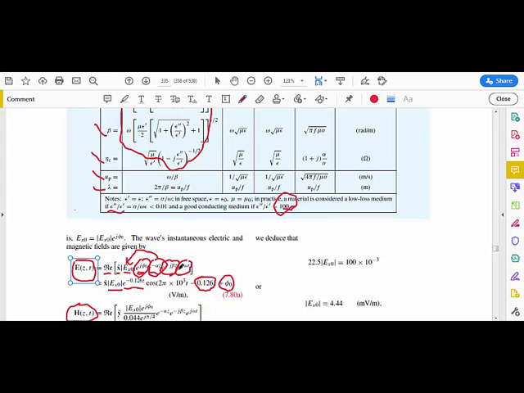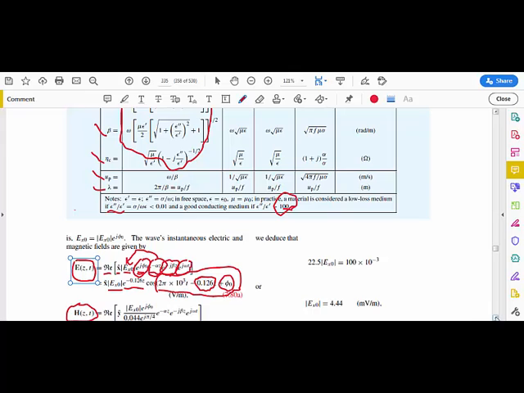All of this is the argument of the cosine, and we call all of this the phase of the wave of the field.